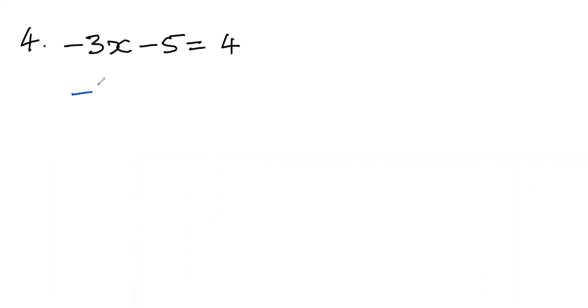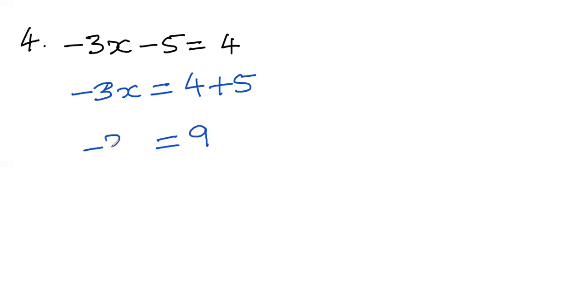So what we will have on the left-hand side is just negative 3x, equal to 4. Because it is negative, when it goes on the other side, it will become positive, right? Subtraction will become addition. That's what I'm trying to say. So 4 plus 5 is 9.